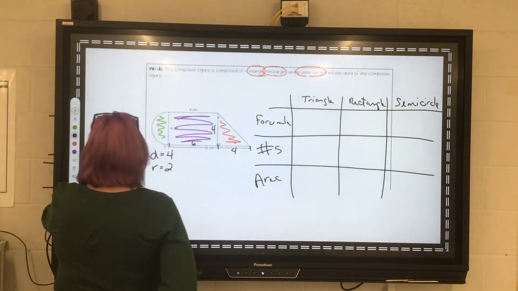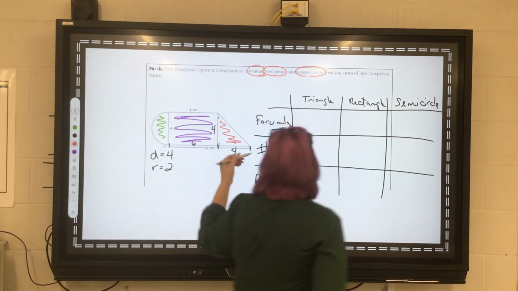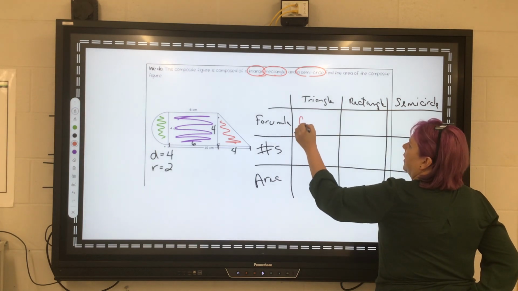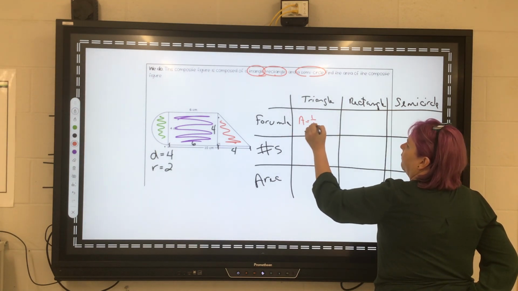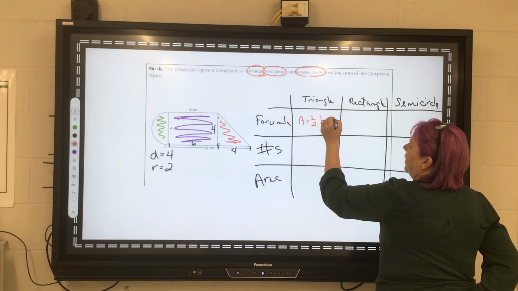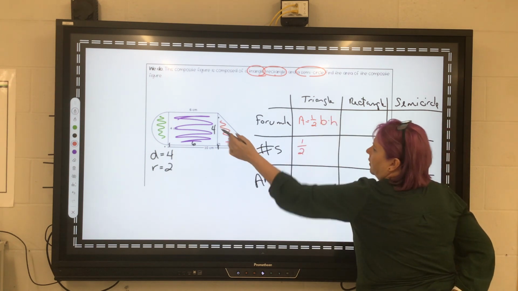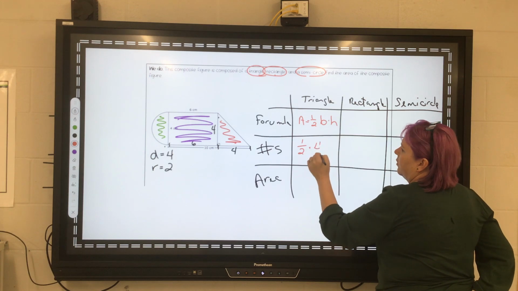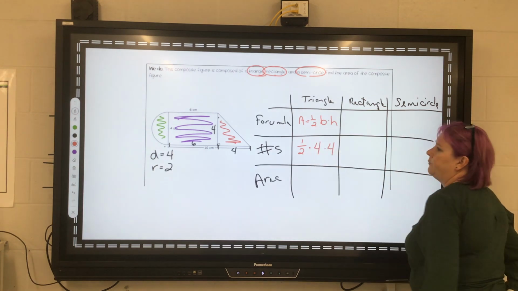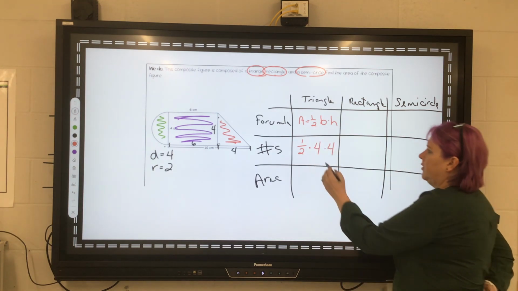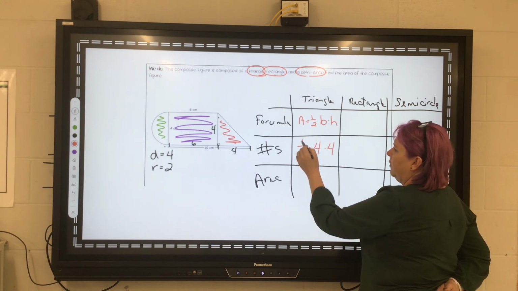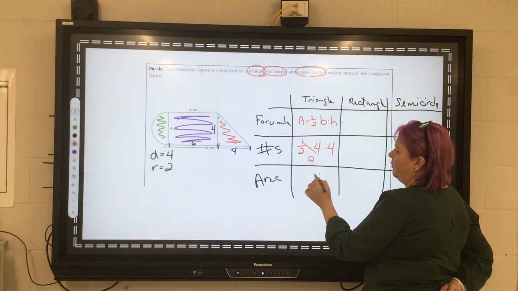So I'm going to start off with my triangle. My formula is area equals half of base times height. So I'm going to do half of my base is 4, of my height is 4. So I've got half of 4 is 2. 2 times 4 is 8.